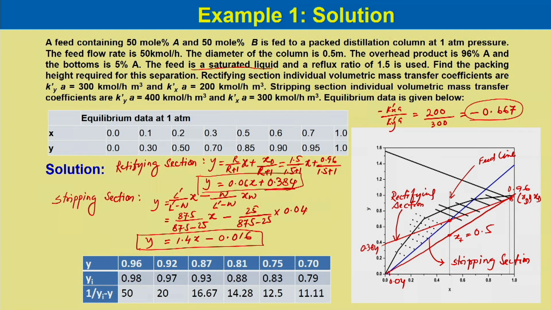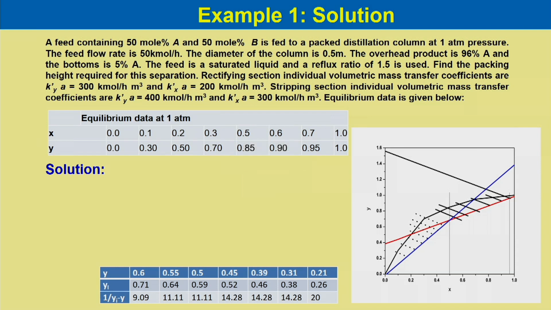With this slope we connect to the equilibrium line and obtain the value of yi, which is shown over here. Accordingly, with different points we can draw parallel lines, since the slope does not change, and obtain the values of yi, that is the equilibrium or interfacial concentration. Then once we know these points, we can calculate 1/(yi - y) from this table.